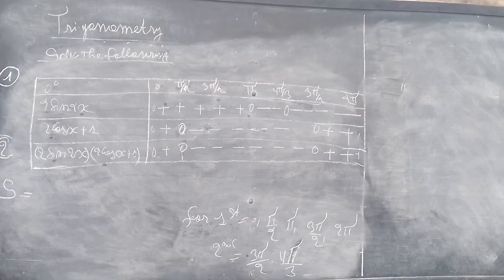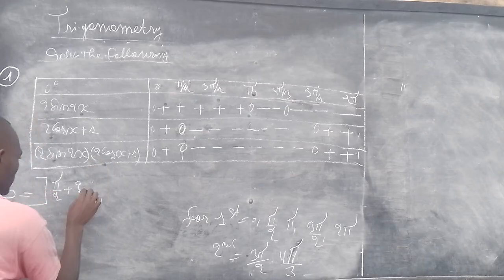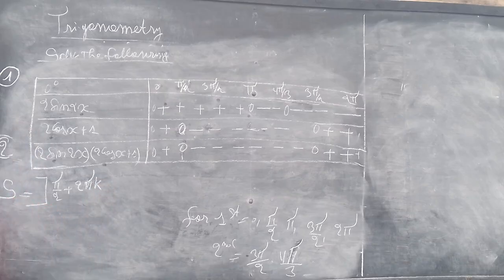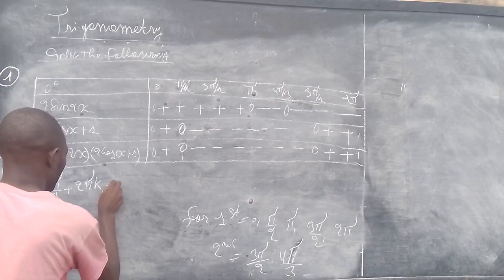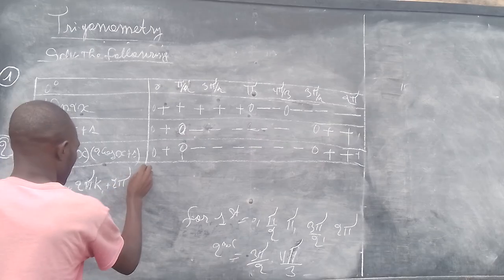We have pi over 2 plus 2 pi k, plus 2 pi.